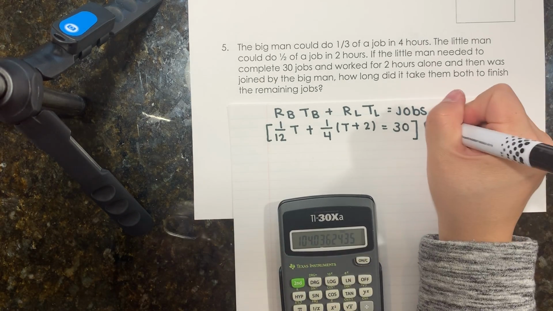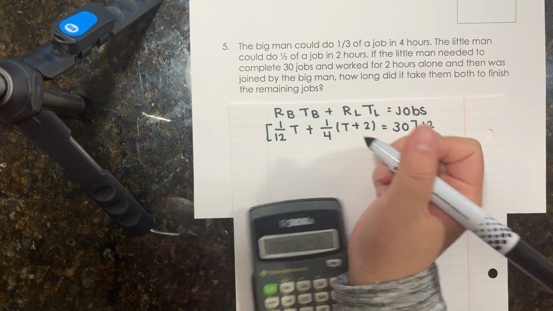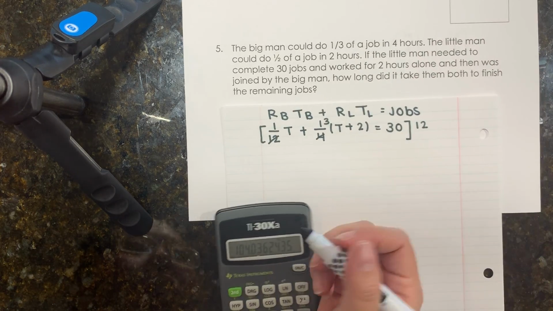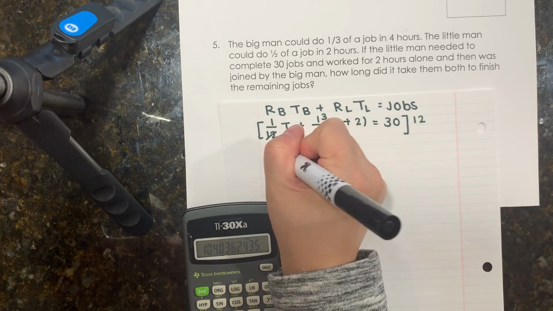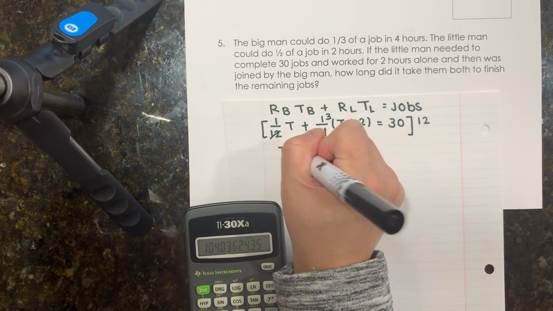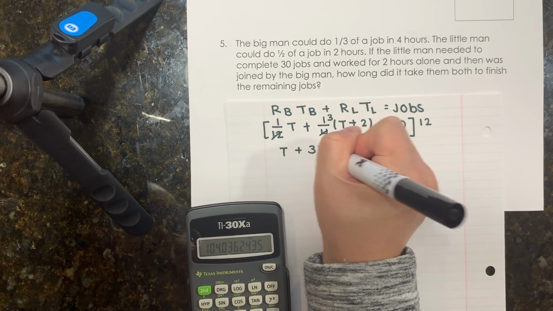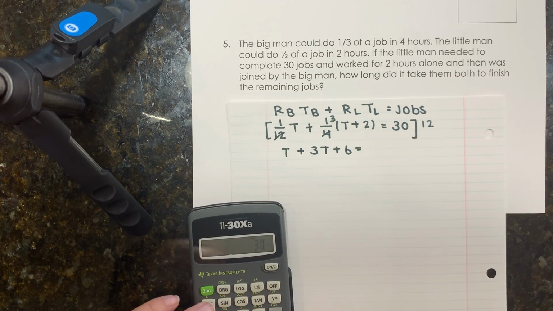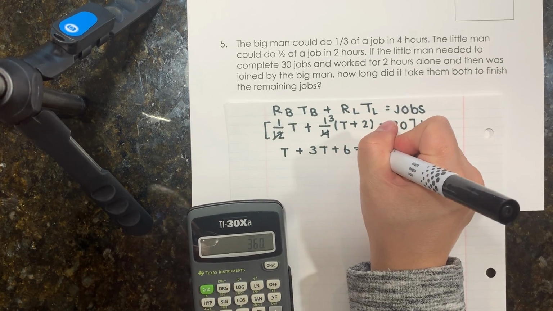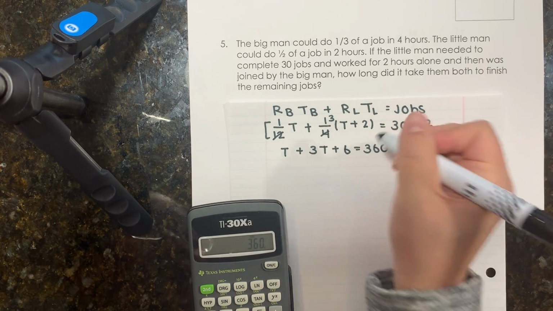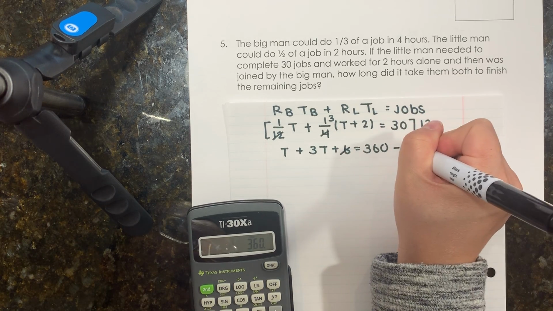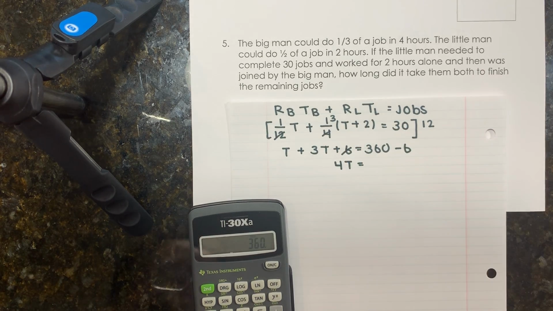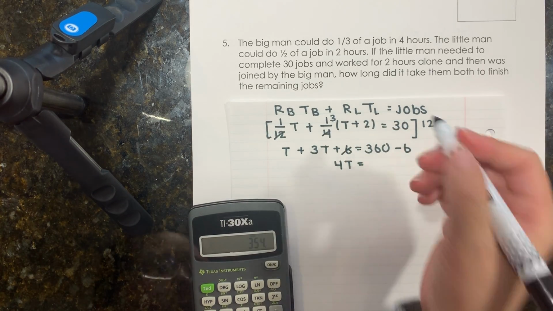To get rid of the fractions, I'm going to multiply everything by 12, which means this would become 3, and this is 1. So I have T plus 3T plus 6 equals 360. Bring the 6 to the other side, which gives me 4T is equal to 354.